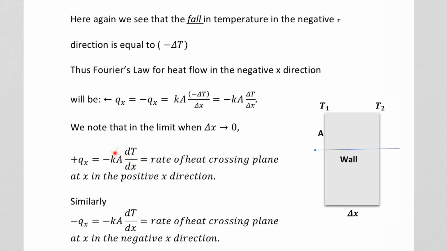This rate of heat transfer is the same when we consider minus Qx, that is when heat is flowing in the negative x direction. So the right hand side is always the same. The symbol plus or minus goes before Qx if the heat is flowing respectively in the positive x direction and in the negative x direction.